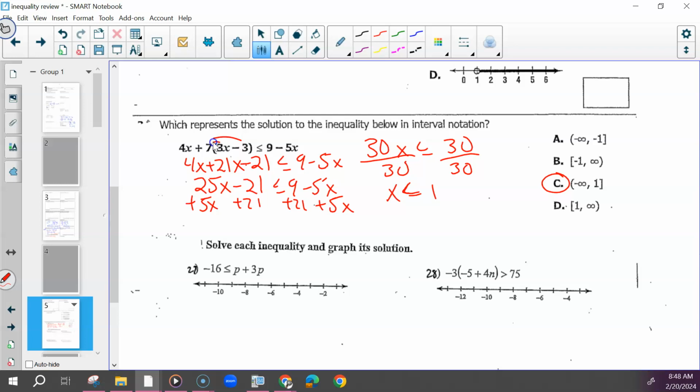So on to page 4. On page 4, numbers 31 through 36.